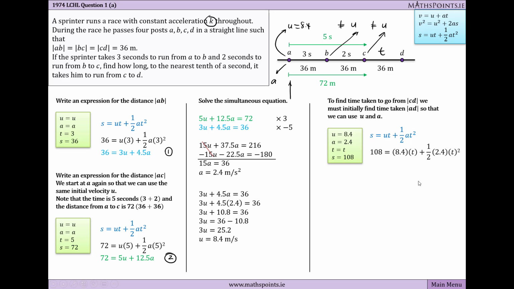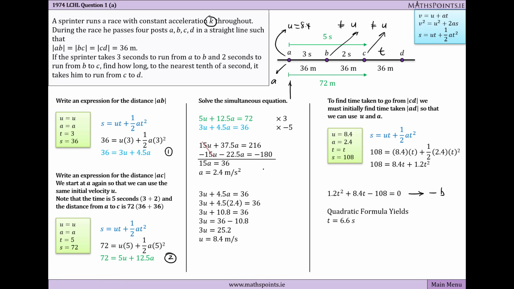When we sub those in and tidy it up, we're left with a quadratic equation, 1.2t squared plus 8.4t minus 108 equals 0. I could try to factorize it, but I'm better off going straight into the minus b formula. That gives me two solutions. One of the solutions is negative, and I discount that because we're looking for a time. The other solution turns out to be 6.6 seconds.